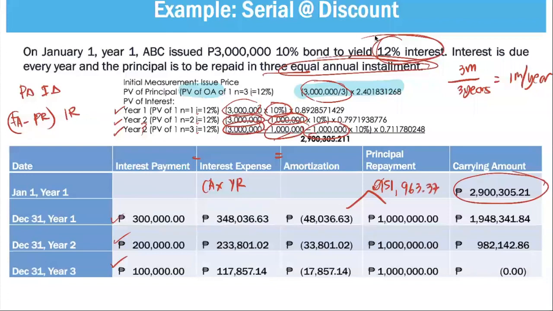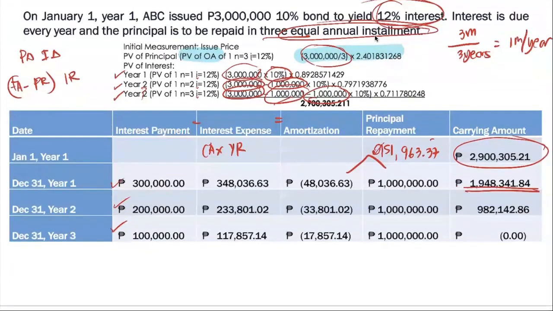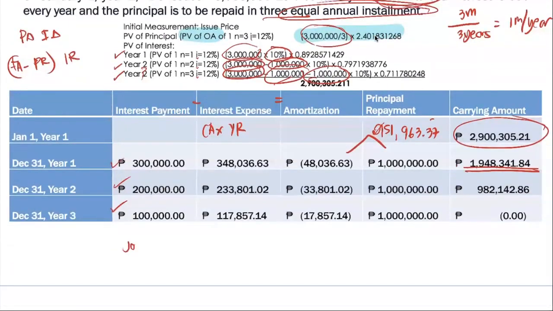We have here 951,963.37. So 2.9 million, 2,903,05.21 less 951,963.37 will give us 1,984,341.24. So on January 1, year 1, what is the total carrying amount? The total carrying amount is 2,903,05.21.